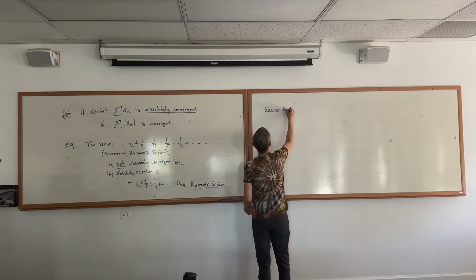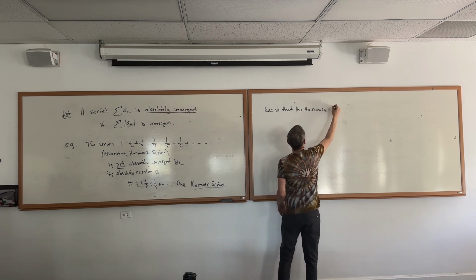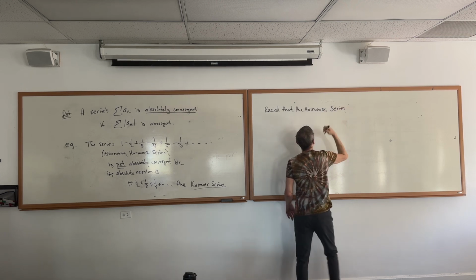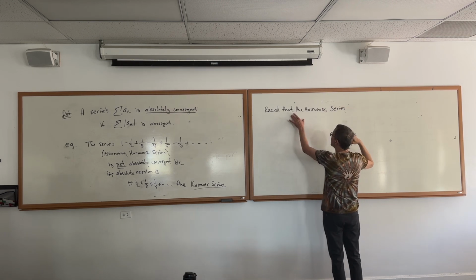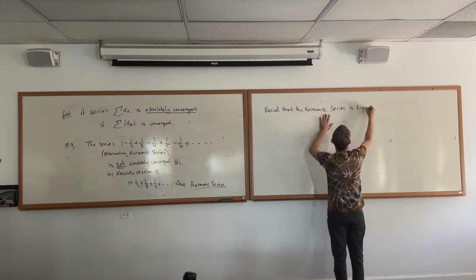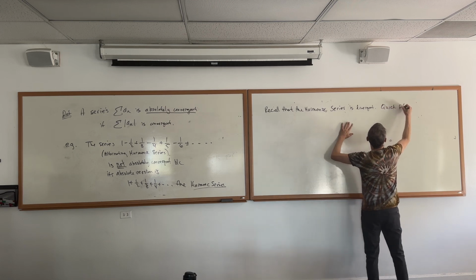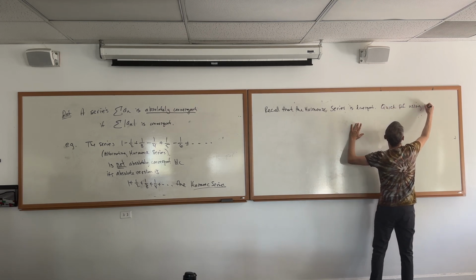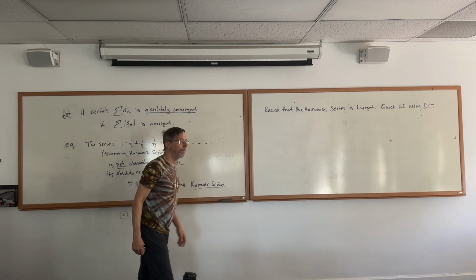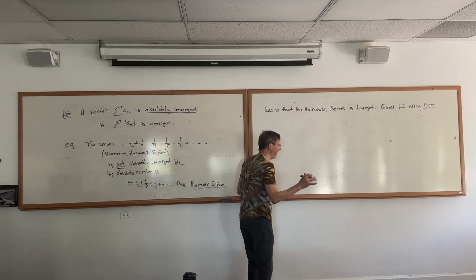Recall that the harmonic series is divergent. So here's a quick proof using the direct comparison test. This is a fun little game. I think you're going to love this, because I kind of love it.